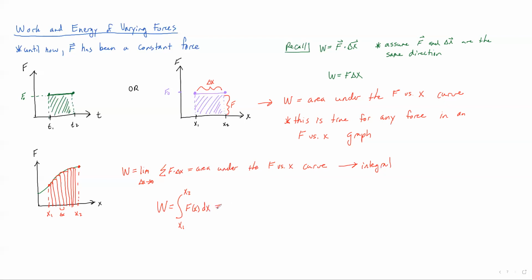And again, that's equal, by definition, to the area under the f versus x curve. So here you go. We're using that integration stuff that you learned in calculus. So what you would do then, and again, this is just for one dimension that we're going to do this in. Let me write that.